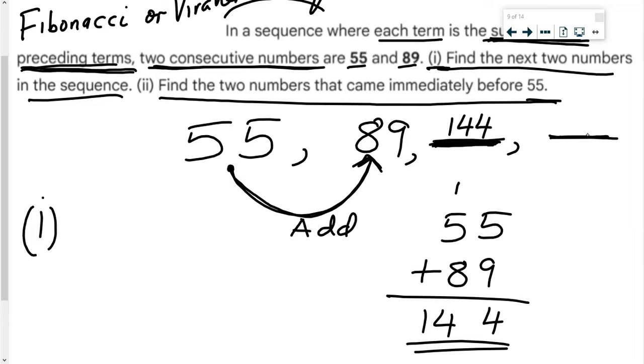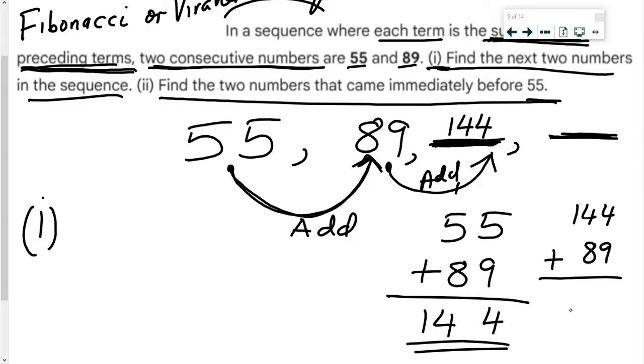Now, to get this next number, simply take 89, add it to 144. So you have 144, add it to 89. What is the answer? So 144 added to 89, you have 13, carry 1. You have 12, add 1, 13, carry 1. And you will have 233.